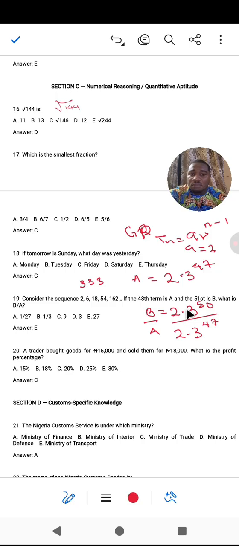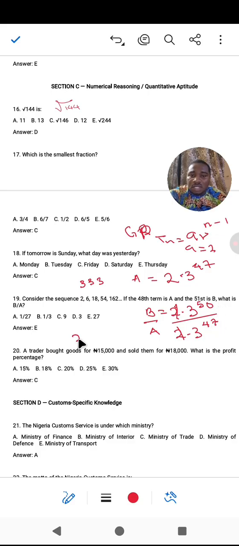Now mathematically, what you can do here is very simple. This is multiplication, so 2 here can cancel with 2. Now this 3 to the 47 can come up in indices, it will change to minus. So we have 50 minus 47 is 3.